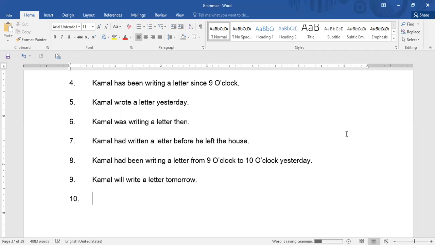Tomorrow, any time you can prefer, that should show the future time. Okay. Kamal will write a letter tomorrow. Kamal will write a letter next week. Or a future date. Okay. Then future continuous. Others.